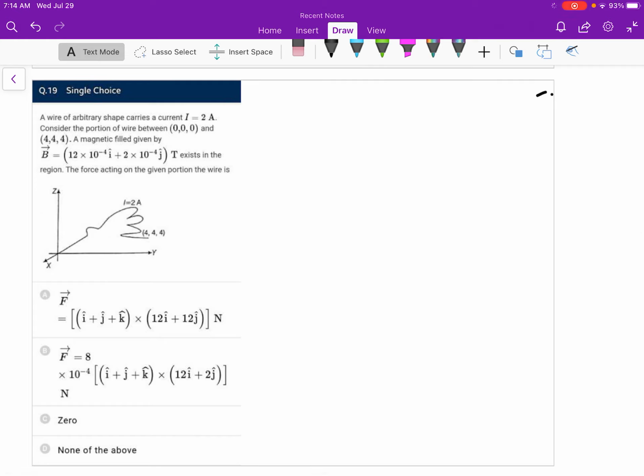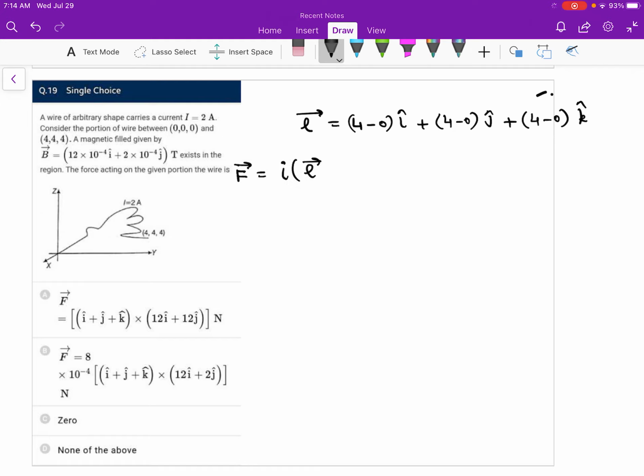The force acting on the given portion of the wire: in a uniform magnetic field, force acting is independent of the shape of the wire and depends only on the straight length joining initial and final points. So the straight length joining initial and final points is (4 minus 0) i plus (4 minus 0) j plus (4 minus 0) k. Magnetic force in uniform field on a straight wire is I L vector cross B vector.